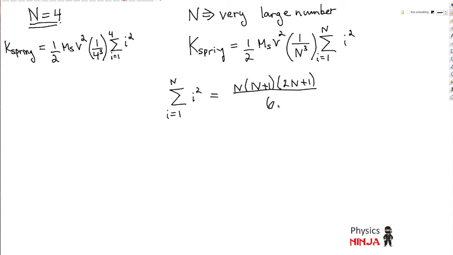Okay? And actually, you can check if n equals 4 whether this result works. If n equals 4, remember we had 30 for this summation. Let's try that. So if n equals 4, what is this summation? I would have 4 multiplied by 5. And this term here would be 2 times 4 is 8, plus 1 is 9.